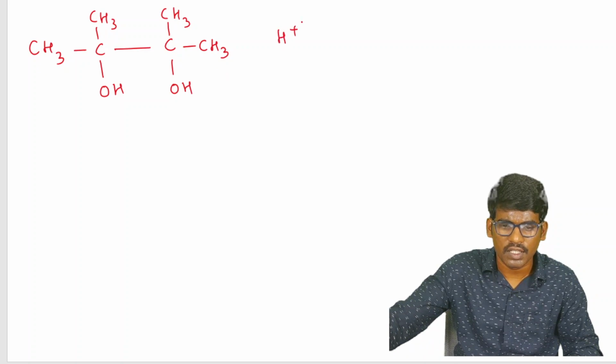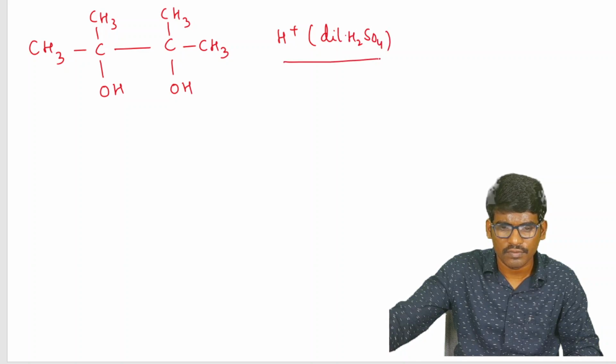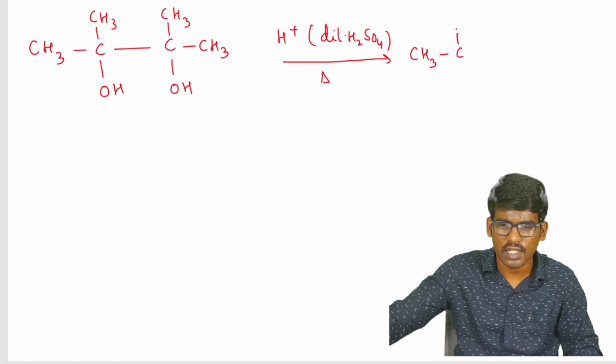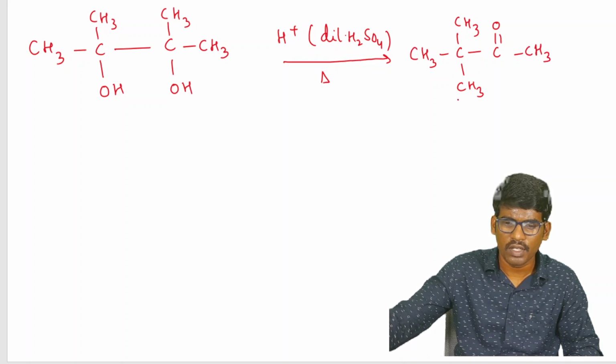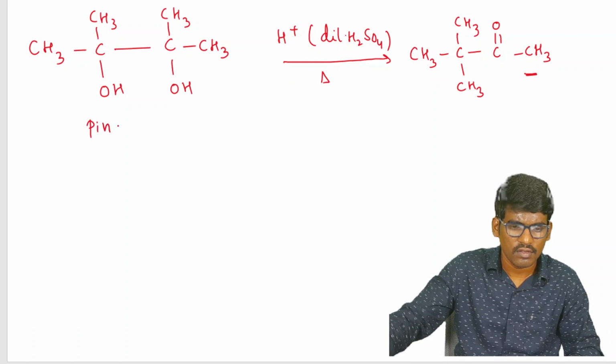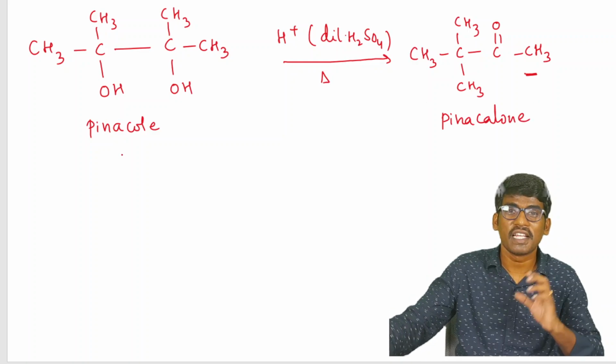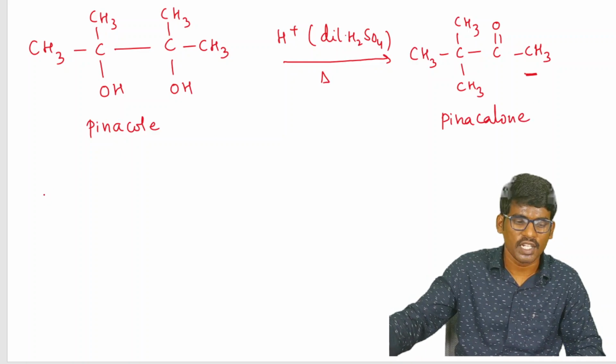If it is treated with H plus, let us say dilute H2SO4, followed by heating, we are going to get CH3, C, CH3, CH3 and here C double bond O, CH3. This is methyl tert-butyl ketone, and this is called pinacol, and this is called pinacolone. And the rearrangement is said to be the pinacol-pinacolone rearrangement.